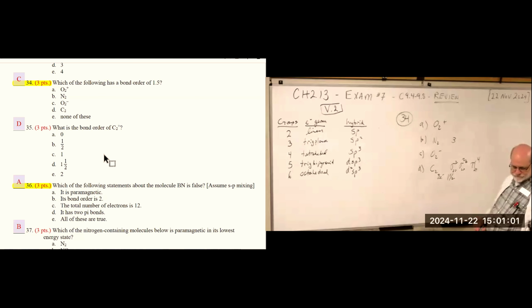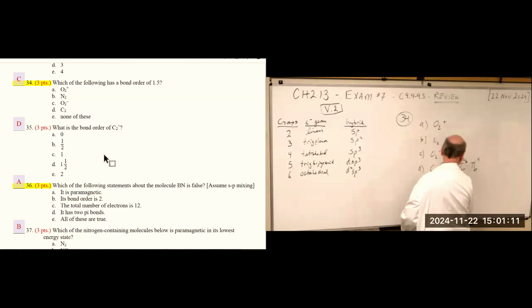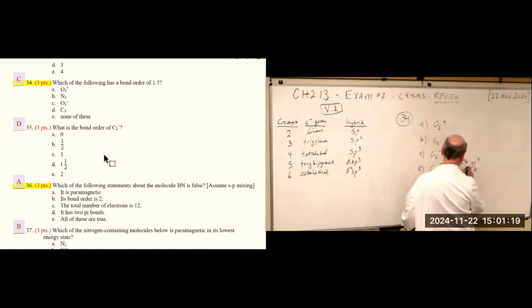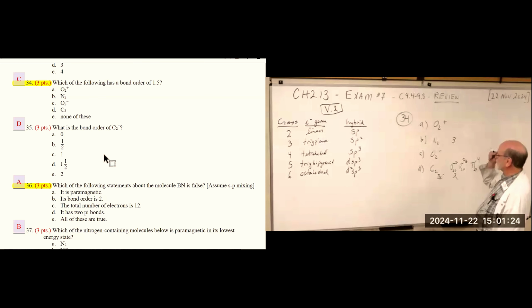That's not right. 6 minus 2 is 4 divided by 2. That's a bond order of 2. Okay, how about oxygen? No mixing. So we have sigma 2s, sigma star 2s, and then sigma 2p and pi 2p.